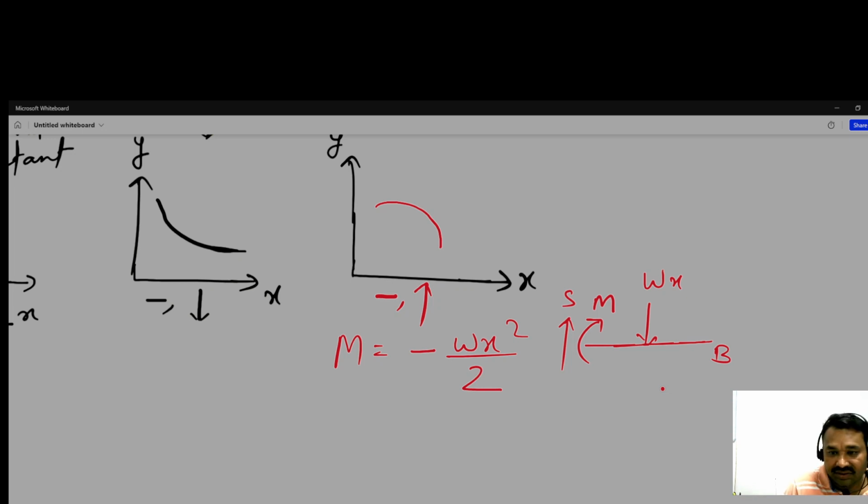And this distance is what? This is x from B, and from here it is x by 2. Actually there is a section 1-1.